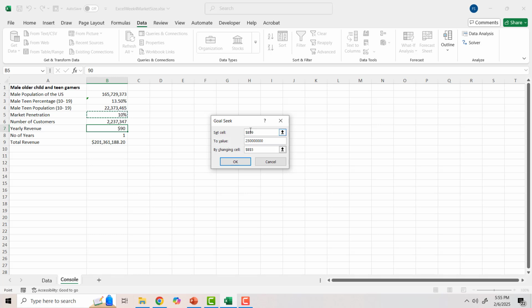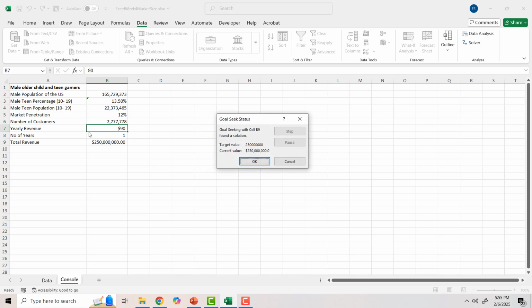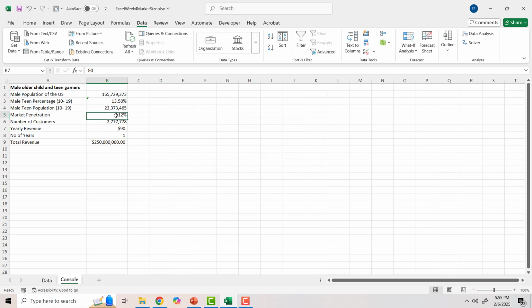So we set, how do we get $250 million by altering the market penetration? Click OK. And basically what it does is it makes this $250 million by altering the market penetration. So we can see that the market penetration is 12% for $250 million. Okay, so let's click it back to default. And that's the sensitivity analysis.